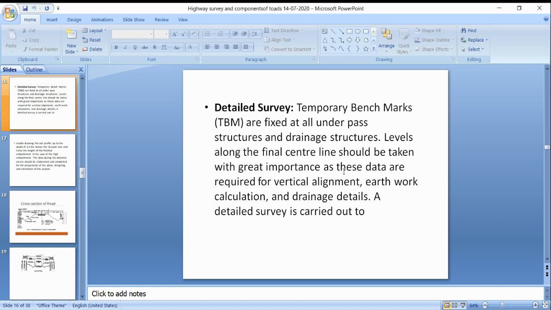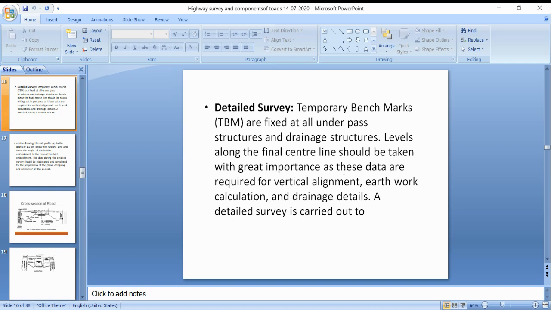After finalizing it, the final alignment is determined in the reconnaissance survey, so it is made straightaway. If not, the final choice of alignment should be decided in the preliminary survey. So we have to decide the final alignment in the preliminary survey only, so that if any deviations are there, a better route has to be given in the preliminary survey. After that, it is given as the final location.